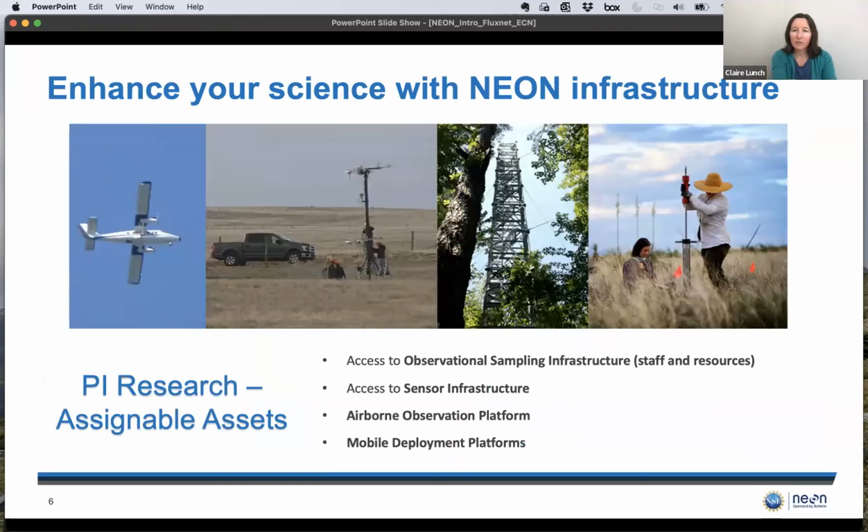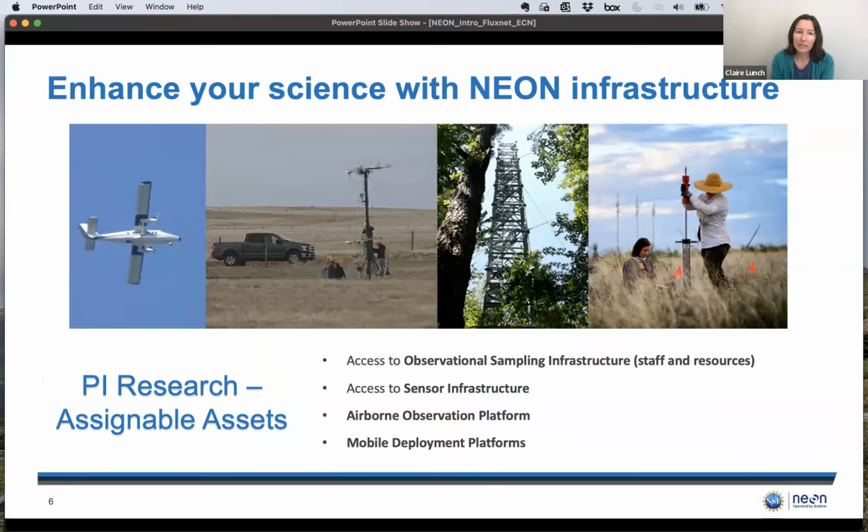So that was the very quick and dirty overview of NEON data. In addition to the data that NEON collects directly, there's also the opportunity to add on by taking advantage of NEON infrastructure.